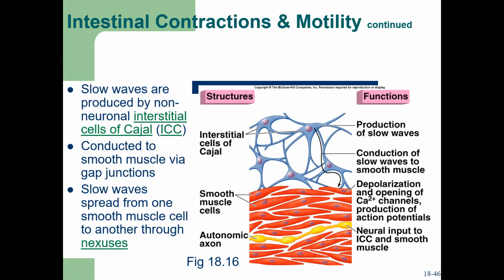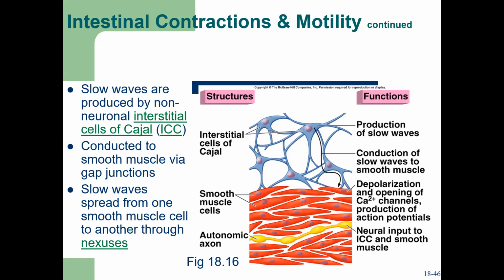And because the smooth muscles tend to be connected with each other via gap junctions, you'll get spreading from one cell to another. It's worth saying here, different sections of the gastrointestinal tract have their own unique slow wave frequency.